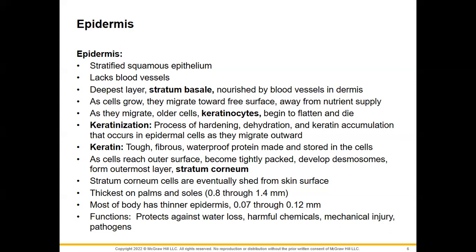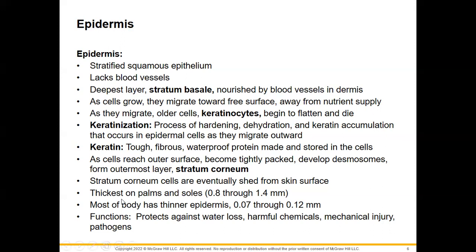In the palms of the hand, it's not going to be as thick as the bottom of the feet, because you're not walking on your hands. But because we do so much with our hands, we still have thick skin on that part of our body, so that we are protected from all of the things that we're touching and passing by, feeling on, etc. Most of the rest of the body has thinner epidermis.